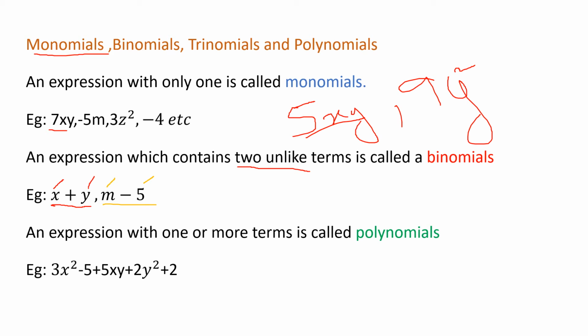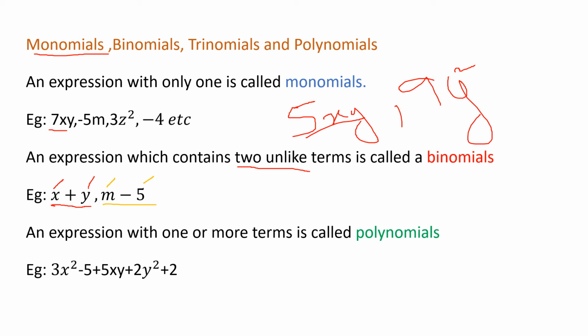And in the first example you are having two different variables, they are unlike terms, right? One is the x term and another one is the y term. So there are two unlike terms in this expression. So this is known as binomial. Monomial means what? We will have only one term.